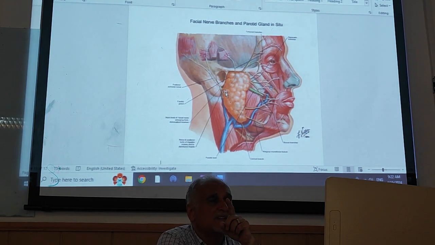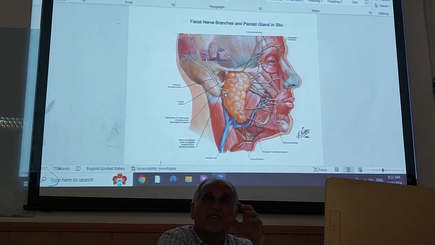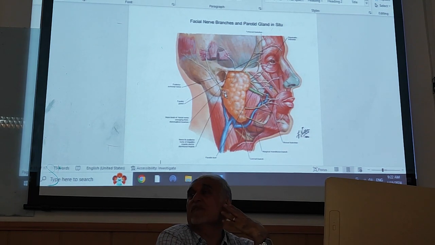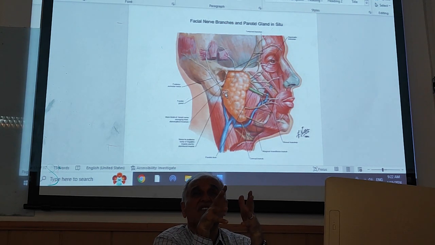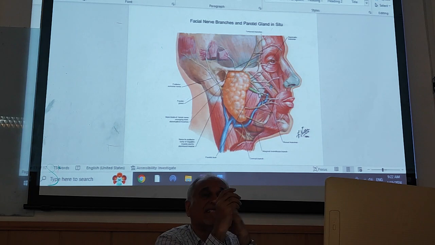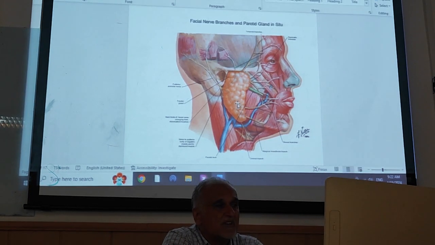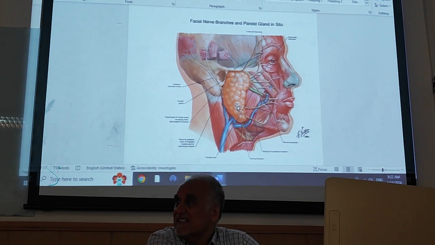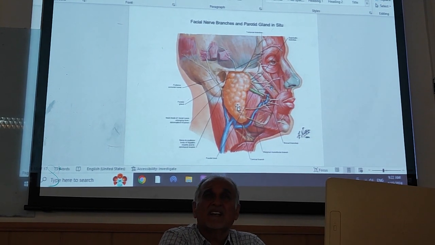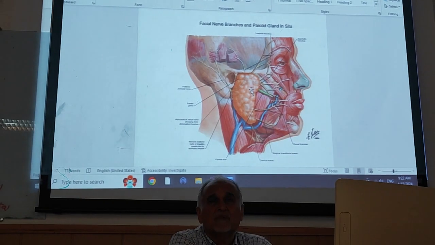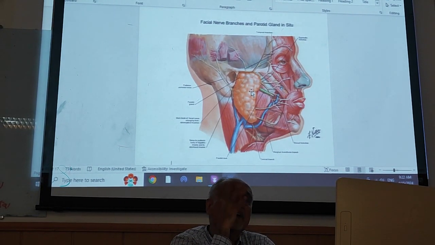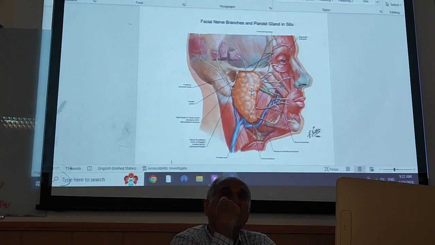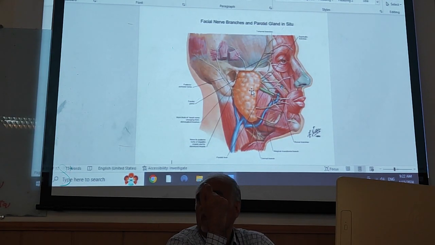When the facial nerve reaches our face on the right and left side, it divides inside this gland, and then you can see all the branches separate from this gland. So surgery in this gland is very important because of the branches of the facial nerve, and all the branches of the facial nerve innervate the muscles that we have on our face.